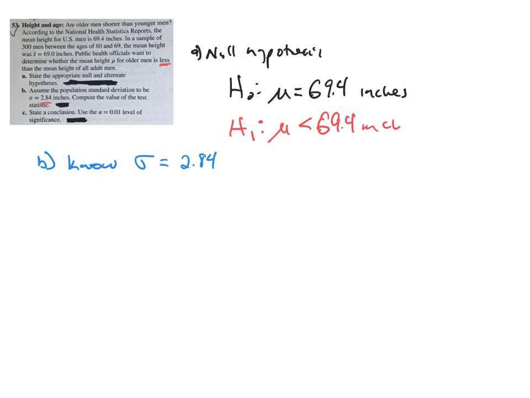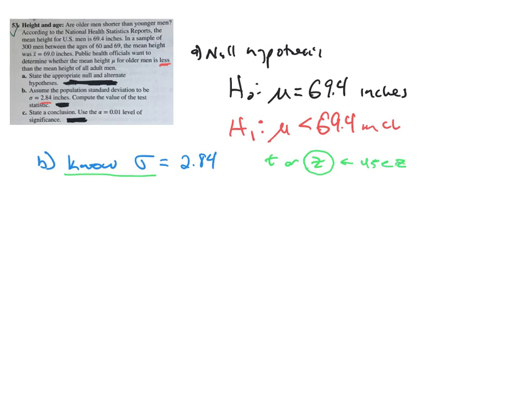So compute the value of the test statistic. The test statistic in this case is always going to be either the t or the z, depending upon whether we know the population standard deviation or we don't. In this case, since we know the population standard deviation, we can use the z's.